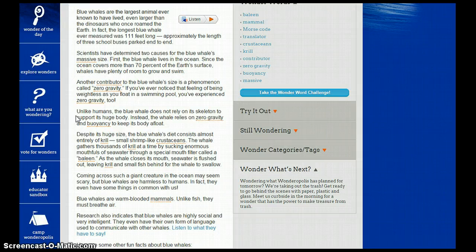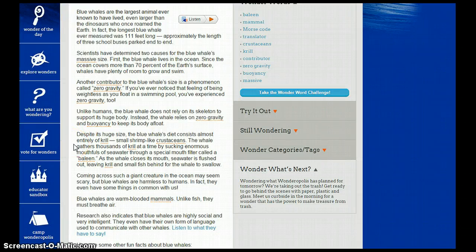Instead, the whale relies on zero gravity, so weightlessness, and buoyancy, cheerfulness that bubbles to the surface, to keep its body afloat. Despite its huge size, the blue whale's diet consists of almost entirely krill, small shrimp-like crustaceans.